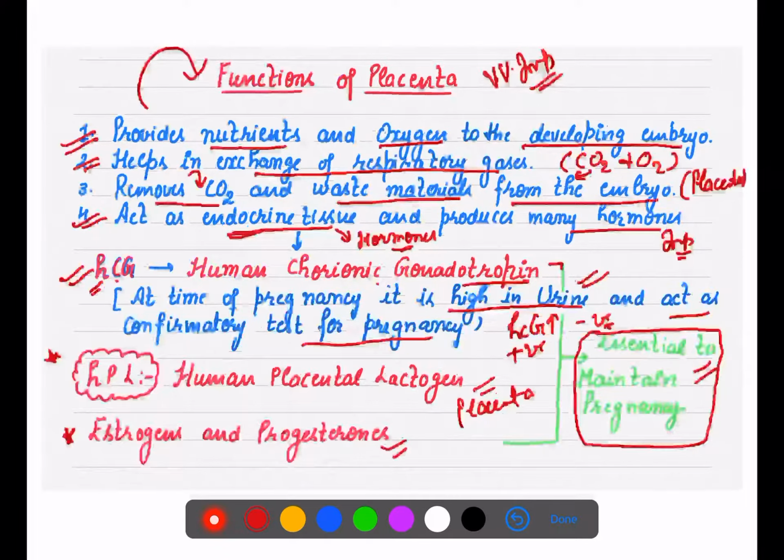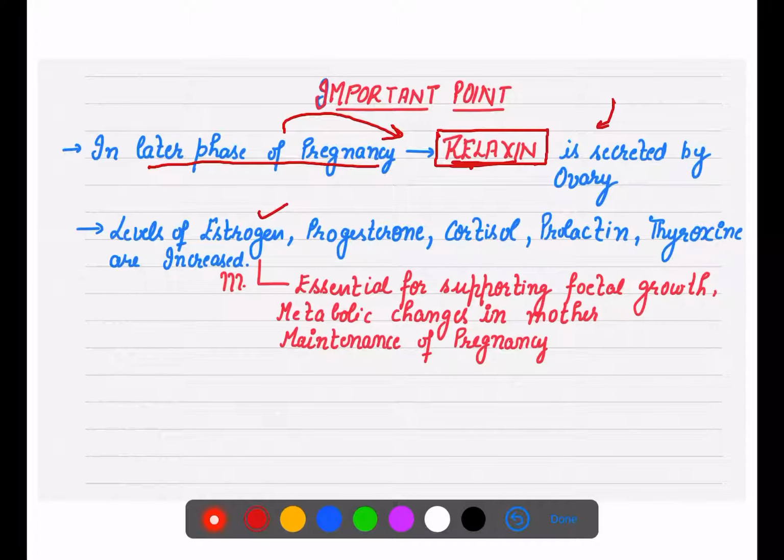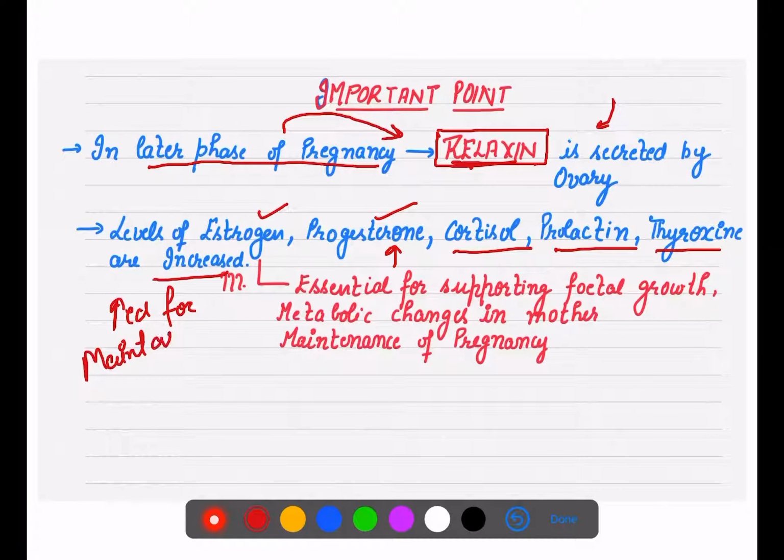Other important point: beyond these HCG, HPL, estrogen, in a later phase when pregnancy proceeds, relaxin is secreted by the ovary. Relaxin is another important hormone which is released by the ovary. It is also important in pregnancy. Then estrogen, progesterone, cortisol, prolactin, thyroxine, their levels are increased, basically for helping the pregnancy to be maintained.